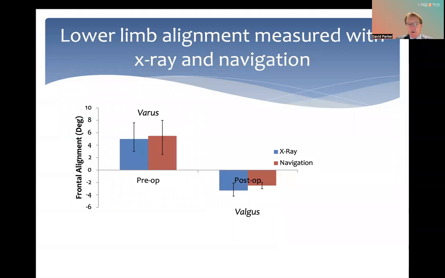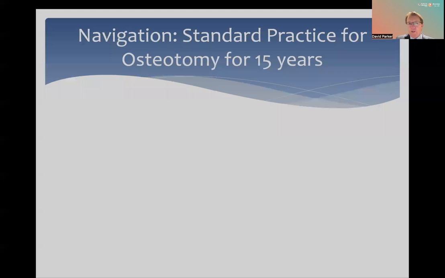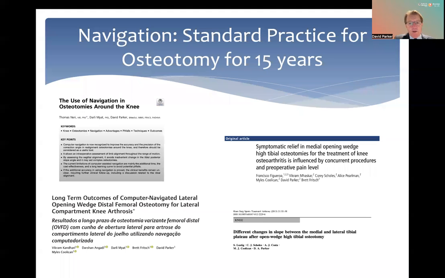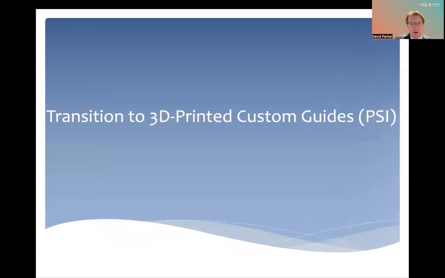And when we first started using navigation some time ago, we validated this by looking at all of our postoperative long leg alignment x-rays after 6 months, and showed a very good correlation between the navigation findings and the postoperative x-rays. So at that stage, we're obviously very happy, and navigation has been my standard practice for osteotomy for about 15 years. And we've published on this, showing how we've used it and showing how we've achieved good results using navigation.